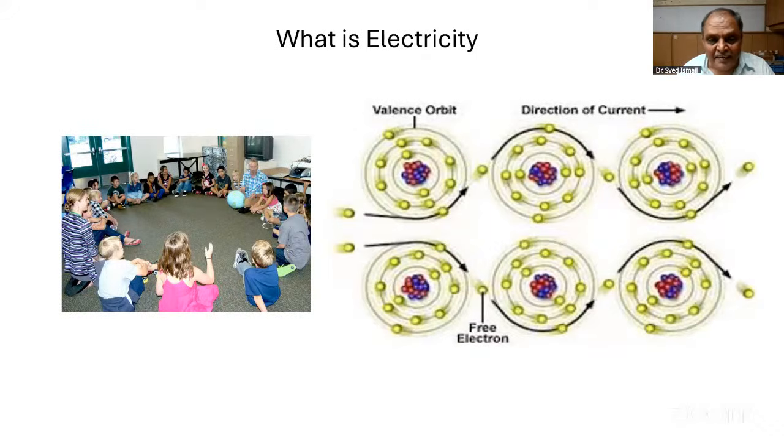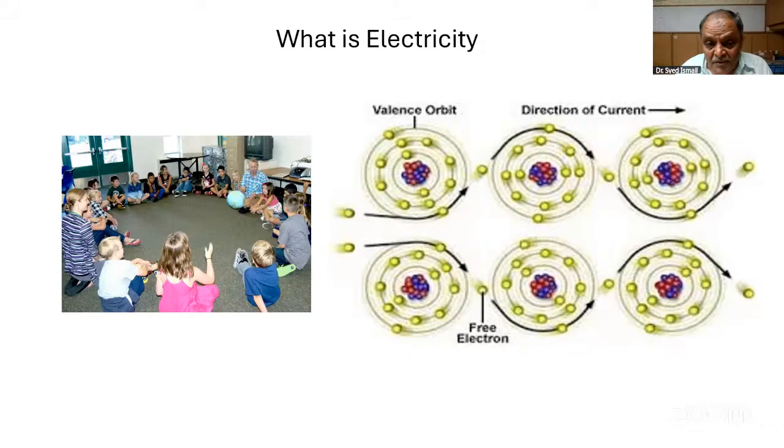Now, you see here, on the right-hand side, we know every atom has electrons and protons. Electrons go in the valence orbit, they go in different orbits. Now, these atoms are very closely joined together, make a molecule and make any material; your body, everything is made up of it.